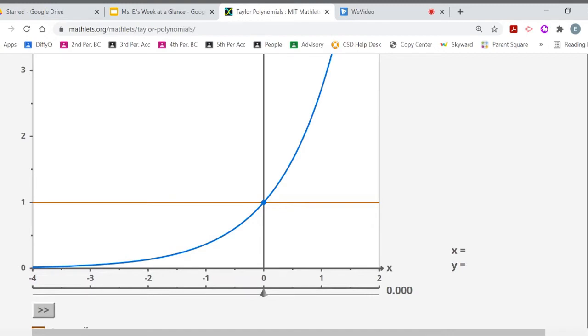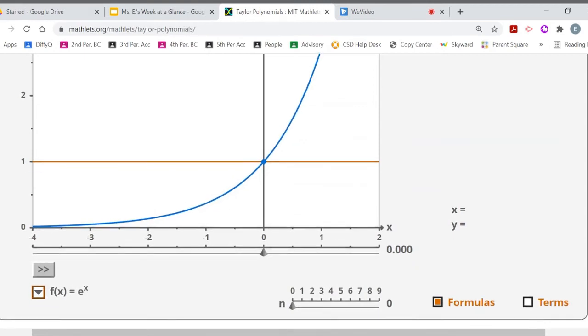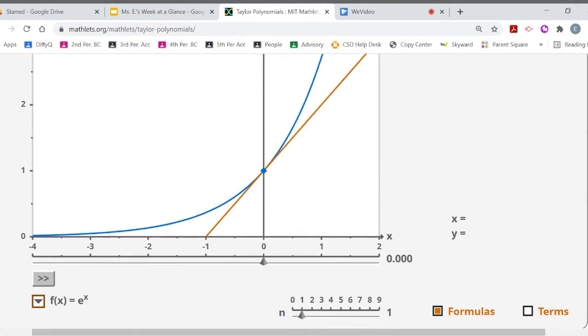So let's say we want an equation that has the y coordinate in common with e to the x, but that also shares the first derivative. Well, that's easy. That's just an equation of a tangent line at zero. And I'm sure you could handle that in your sleep at this point.